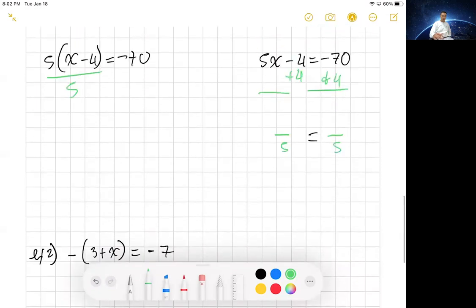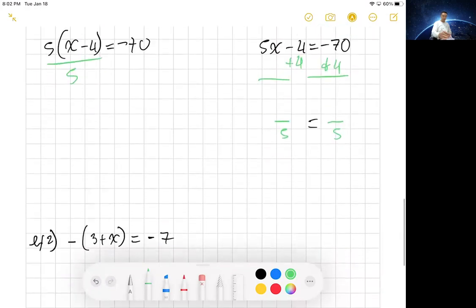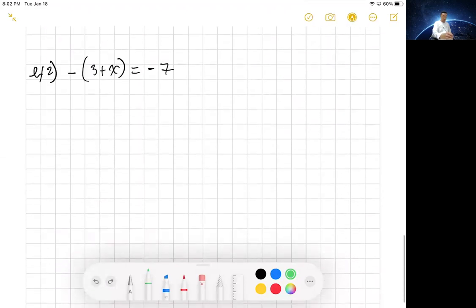Now, this is just like the other one. But instead of a 5 in front, there is a, that's right, negative 1 that is invisible. Be very careful with that. So I'm going to cancel that negative 1.